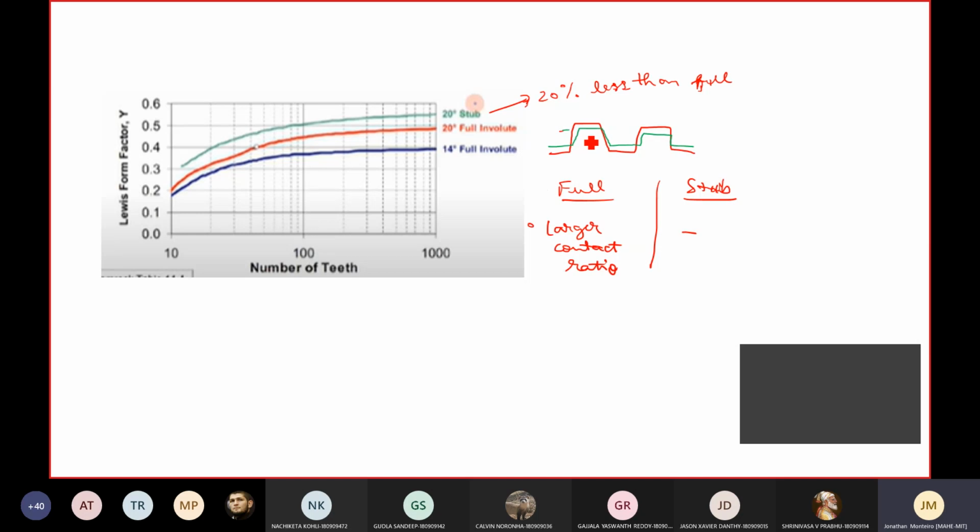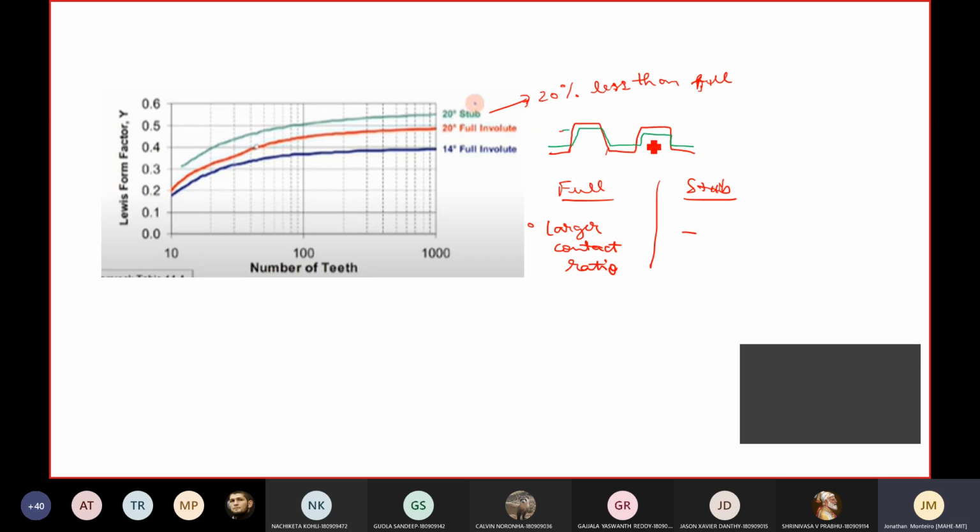Otherwise, lesser height means everything will change, the form factor itself will change, so it will lead to a totally different kind of teeth. That is why the engaging and disengaging is going to make more noise. If you make it 20% less, the engaging and disengaging arc length is going to reduce.